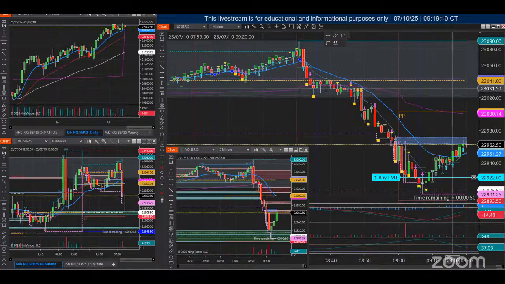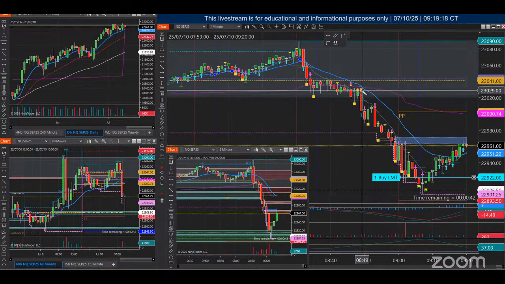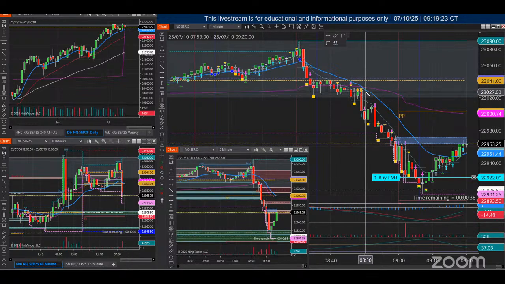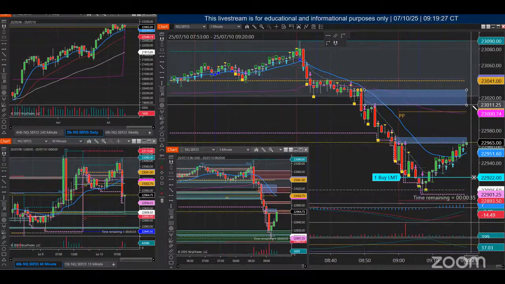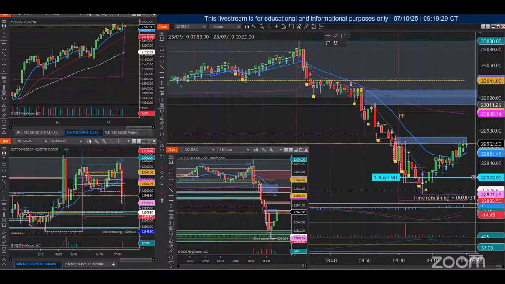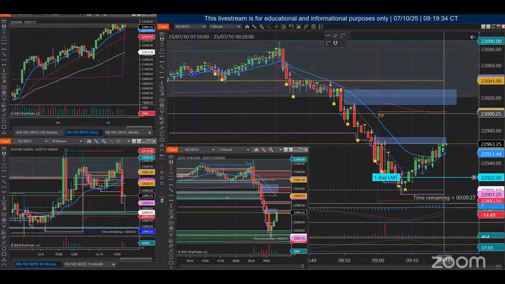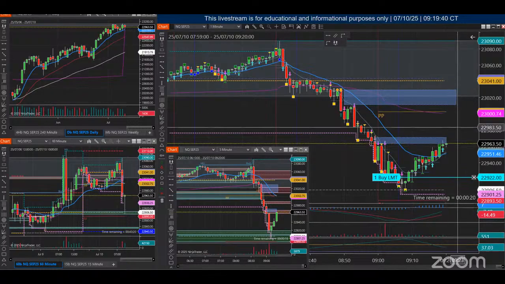So that should act as another supply zone. And if I want a plus setup, looking for a very good location, I can try a short there, which is also supported by VWAP and pivot point. I mean, if they are the resistance.